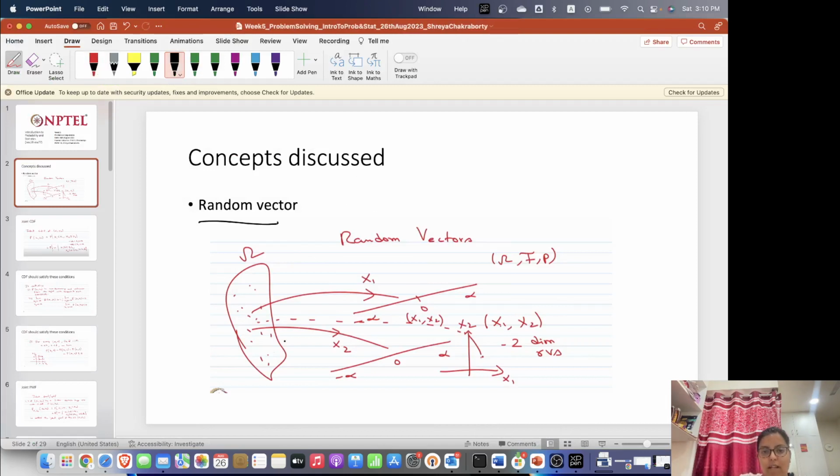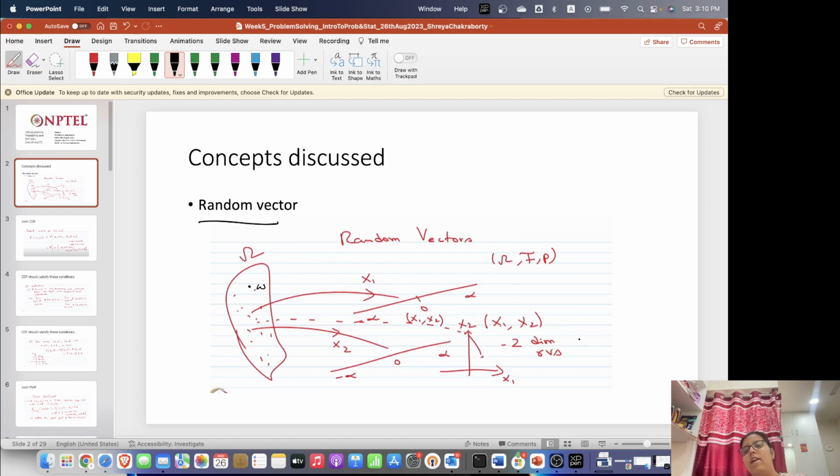So we have one sample space. From here we have the elements, that is omega, and if we can find a mapping of omega onto the real line, given this omega, script F and P being the probability space, then X1 and X2 are the random variables. Now if we have two random variables together, for each omega we would have a point in the 2D space.